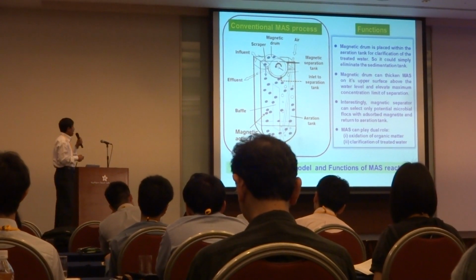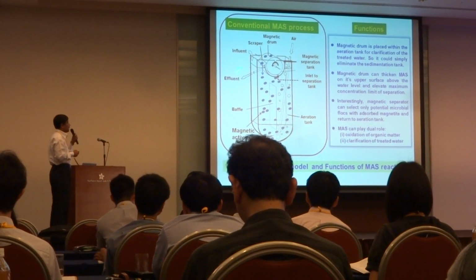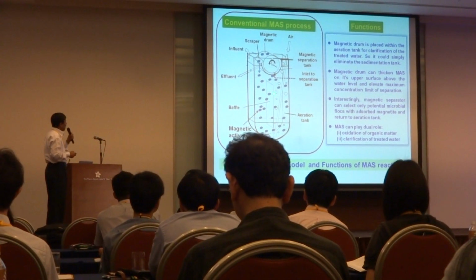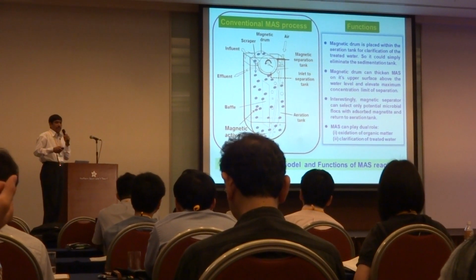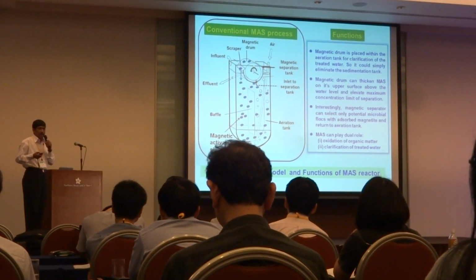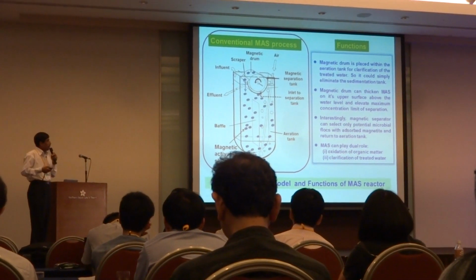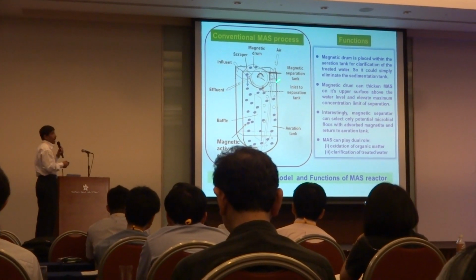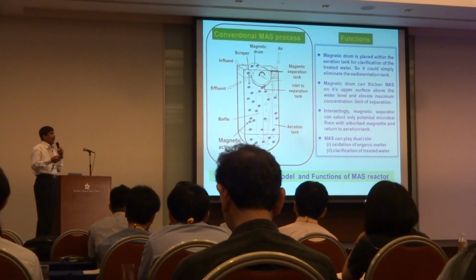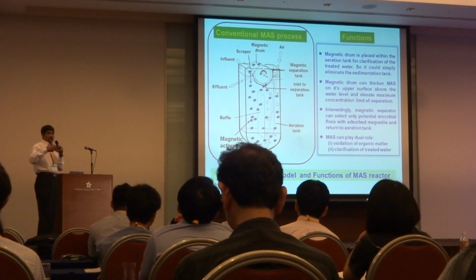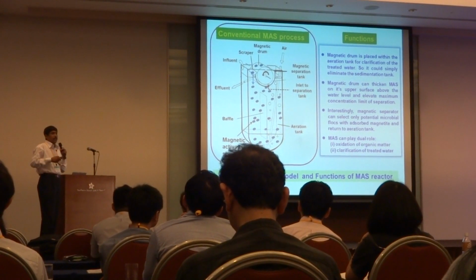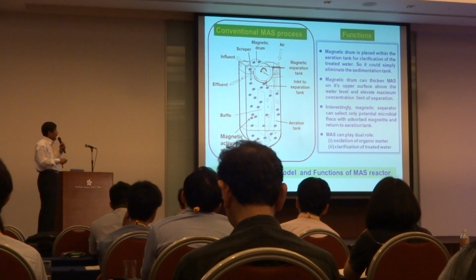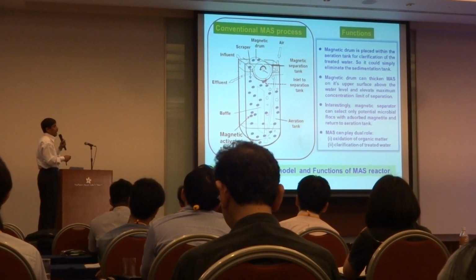So this is the diagrammatic model of the magnetic sludge process. So this is the magnetic activated sludge. Since it is a modified form, it contains iron powder within the sludge system. Then this is a magnetic drum. It's a very simple drum. It's an acrylamide plastic barrel covered with a plastic magnet, so that it became the magnetic drum.